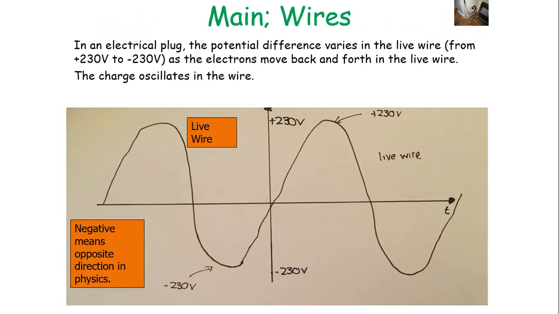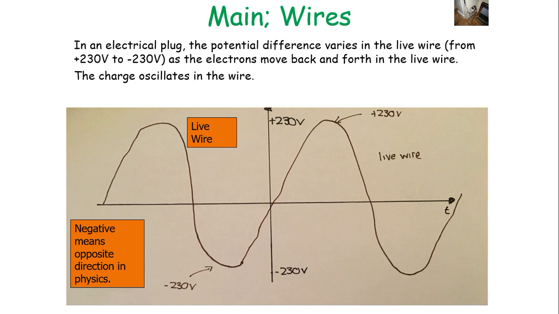Now, in the electrical plug, we mentioned that the potential difference in the live wire varies from plus 230 to minus 230. That's because the electrons are moving back and forth in the live wire. The charge is oscillating. So you'll get a particular graph as the following. It goes from plus 230 to minus 230. Why is it going from plus 230 to minus 230?